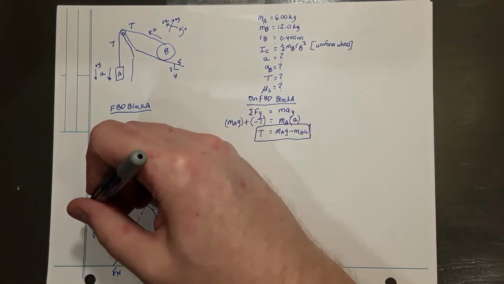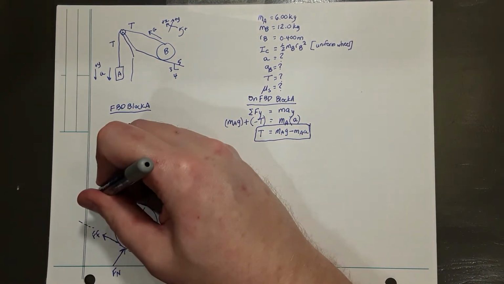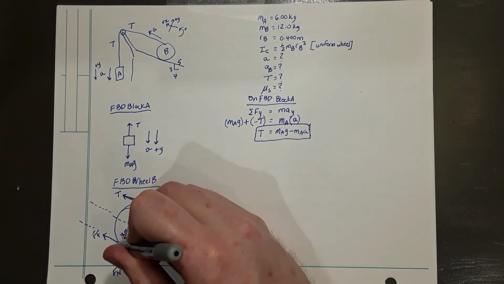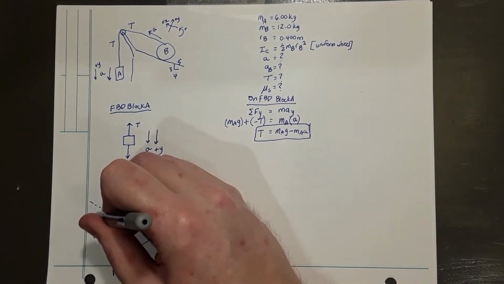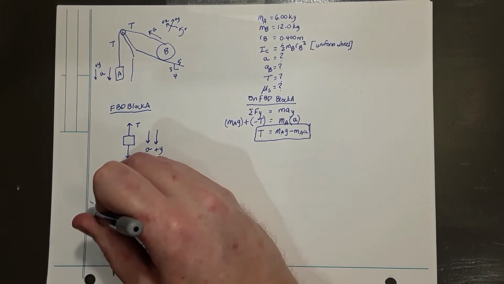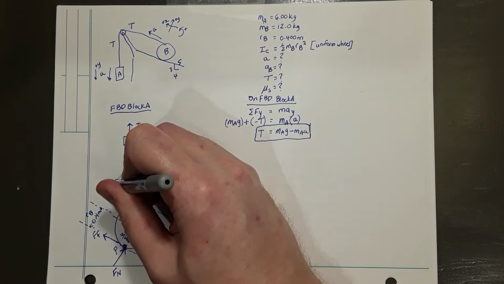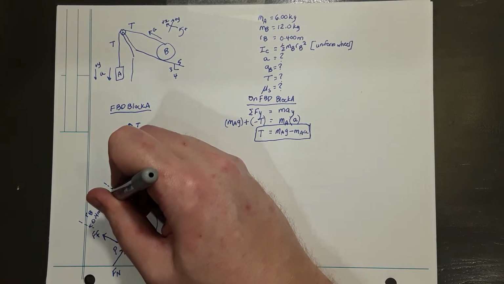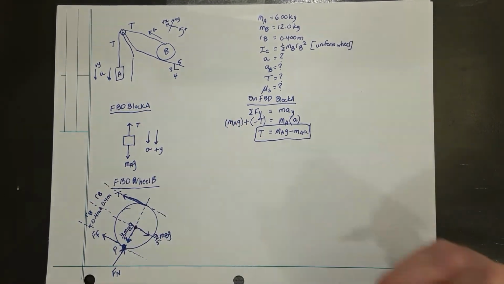The distances that are involved here, from axis P, the point of contact, to the centroid is 0.4 meters, or the radius of object B. From the center up to where the cable tension is exerted, that's also a radius B, another 0.4 meters.